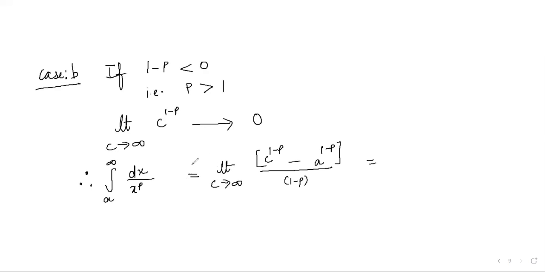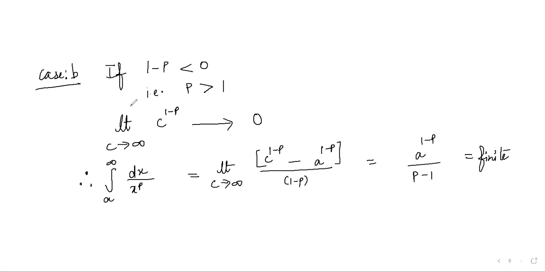It will become a raised to power 1 minus p, and here we have a minus sign, so let us write this as p minus 1. Since a is finite here, this will exist and is finite.